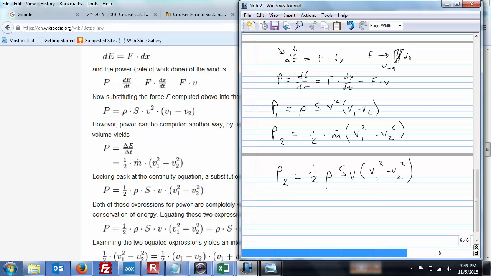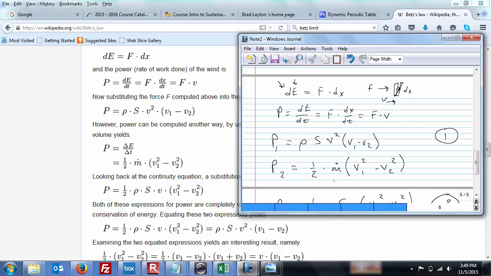All right, so now we have two independent expressions for power. This is expression 1, this is expression 2. One's based on force or work, and the other one's based on energy. And so all we do next is combine the two together.